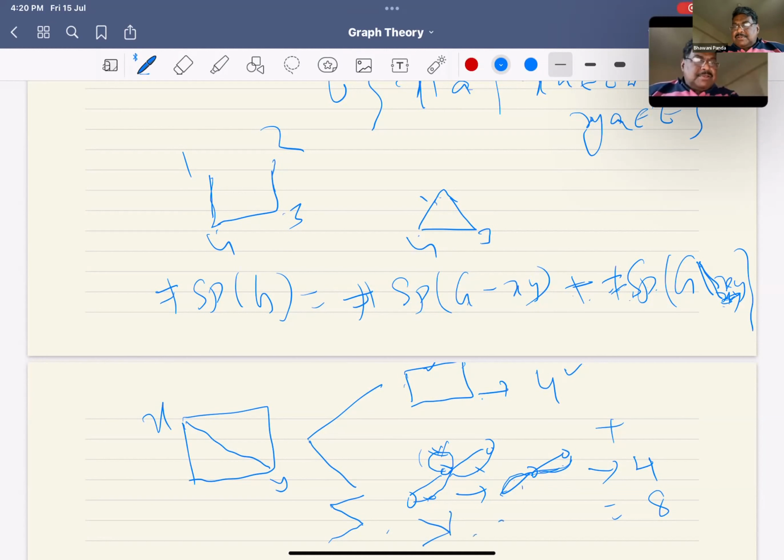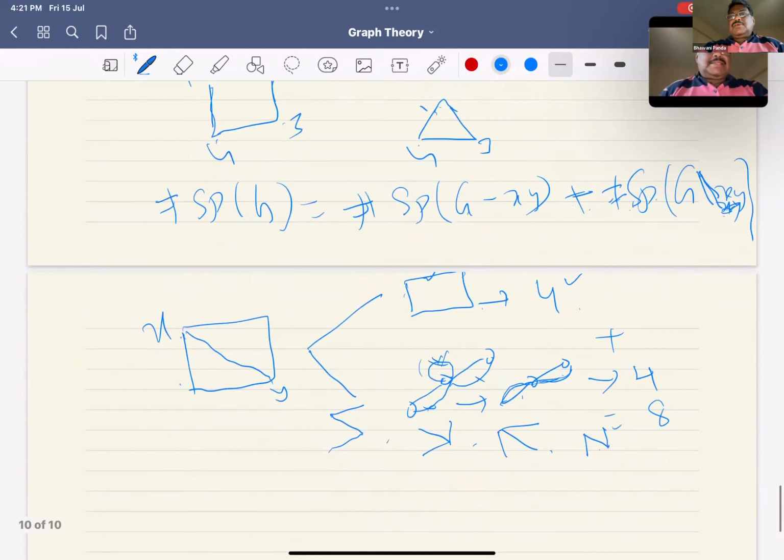This is the first, this is the second, the third, and another is this. So these are the 4 spanning trees of this graph containing the edge xy, and not containing xy, you have got 4. So 4 plus 4, 8. So this graph has 8 spanning trees. Is this clear?